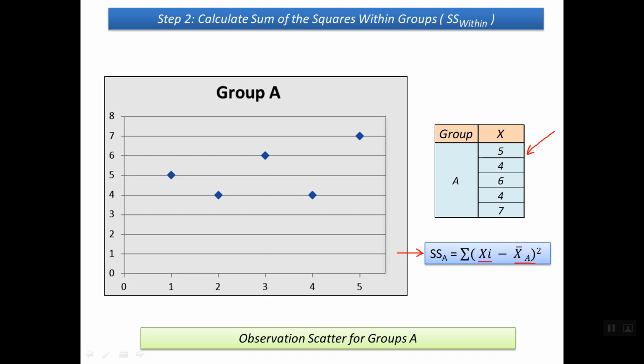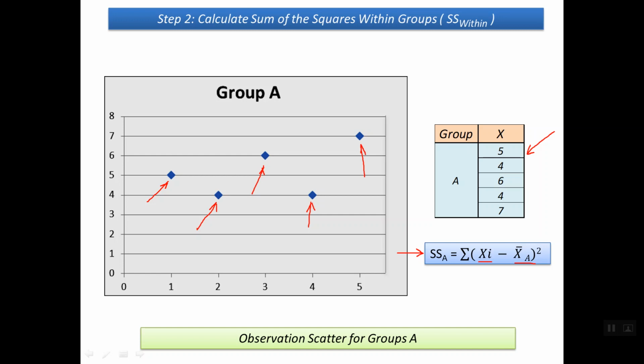So this is the scatter plot for group A. This point here represents the first observation, which is 5. The second point here is 4. The third one here is 6. The fourth one here is 4. And the last one is 7.